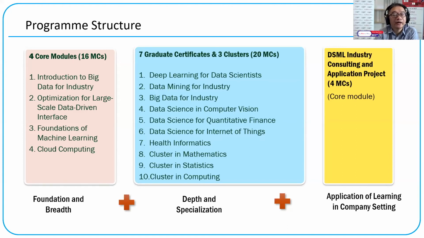Then you choose other modules so that you can specialize in what you like: deep learning for data science, big data for industry, data science in computer vision, data science in quantitative finance, or whichever specialization you want to go for. Hopefully this program structure gives you a solid foundation to develop yourself in the future and prepares you well with training in specialized skills, so it can help you get the job you want.